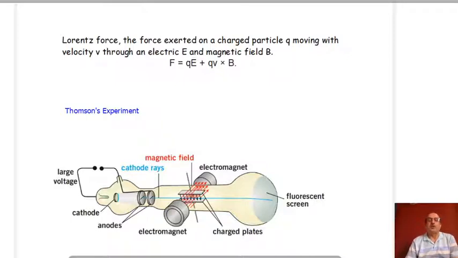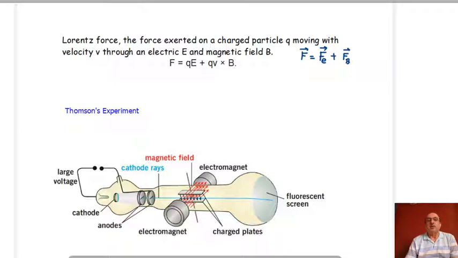If the force is acting on a charged particle inside an electric and magnetic field, it means the moving charged particle is inside an electric field and a magnetic field. Then the Lorentz force vector F is equal to vector Fe, that is the electric force, plus vector Fb, that is the magnetic force. So it is the vector sum of these two forces.